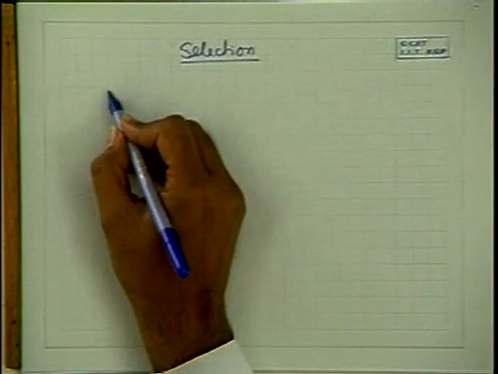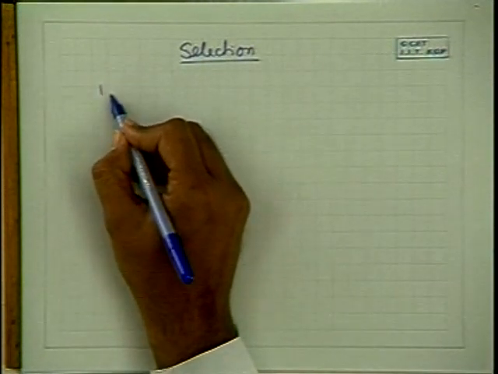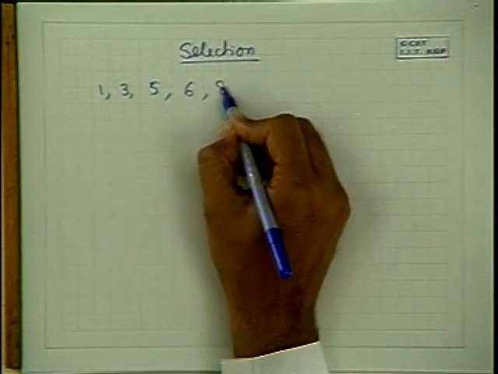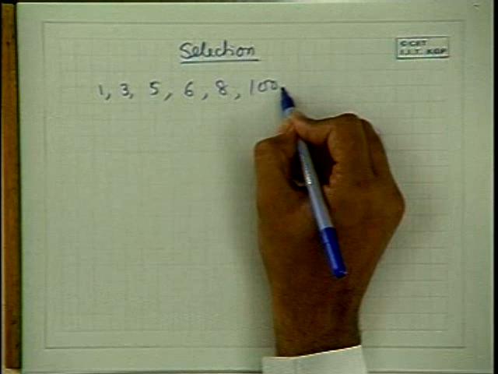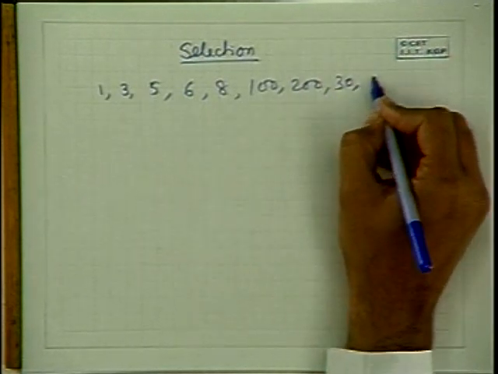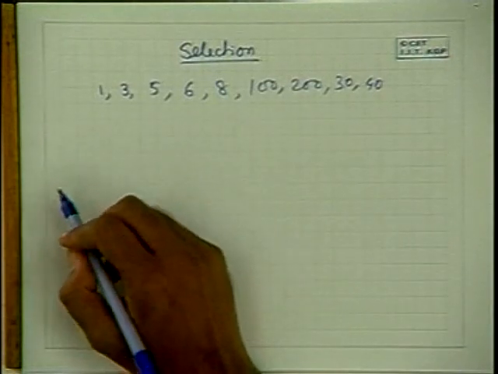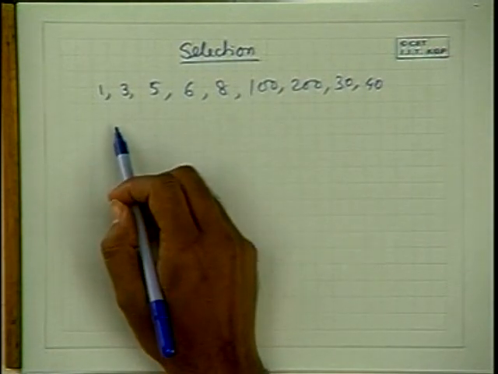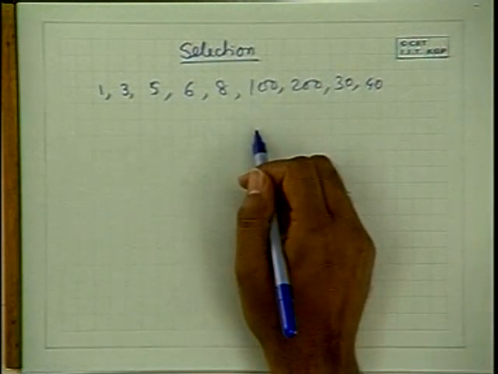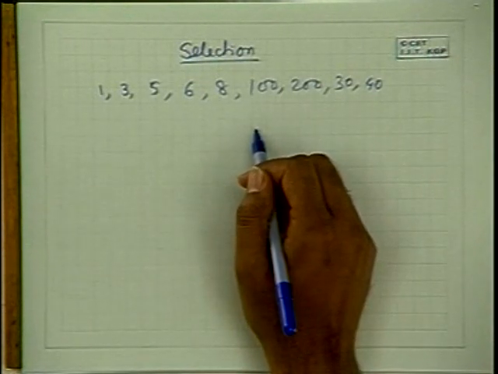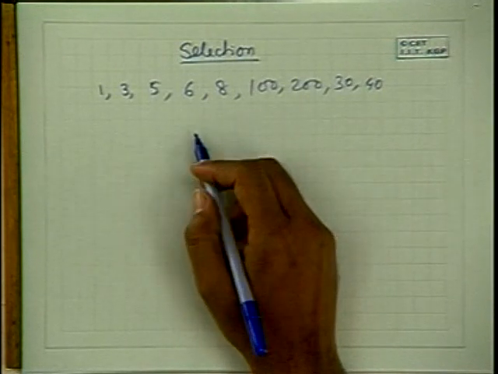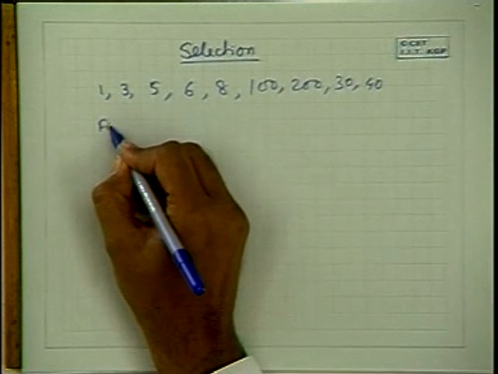Given a set of numbers, say I take 1, 3, 5, 6, 8, 100, 200, 30, 40, like this, and we are asked to find the median of this set of numbers, or in general I can ask you to find the kth smallest in these numbers. So find the kth smallest number.